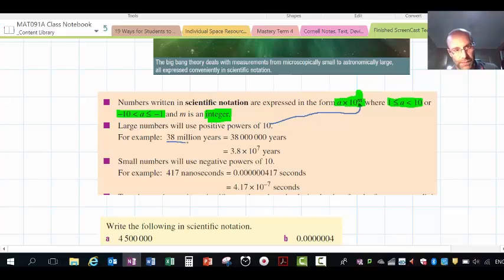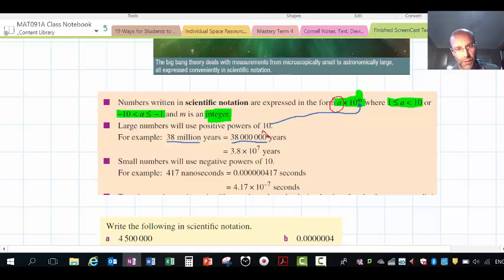An example is 38 million. If we have 38 million years, that's an expanded form or standard form. To write that in scientific notation, what we do is we take a little journey. Now when we write 38 million, the decimal is there where you see the red dot. If we're turning it into this form here, where a is some number between 1 and 10, we make sure there is 1 digit to the left of the decimal place when we're finished.